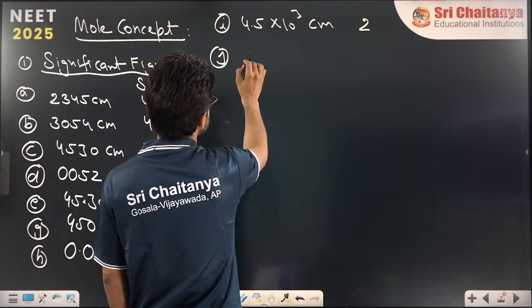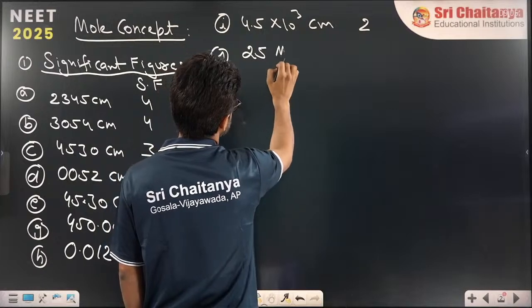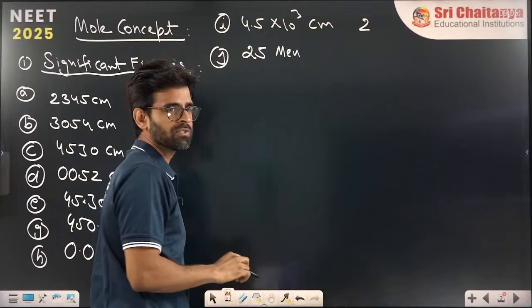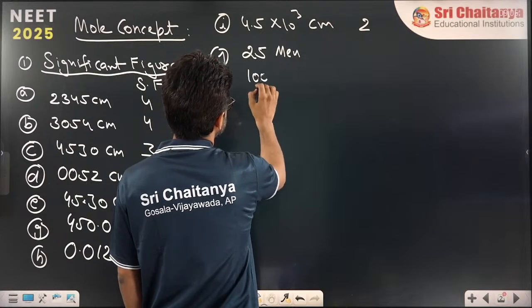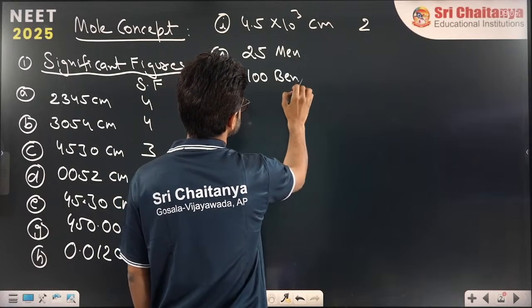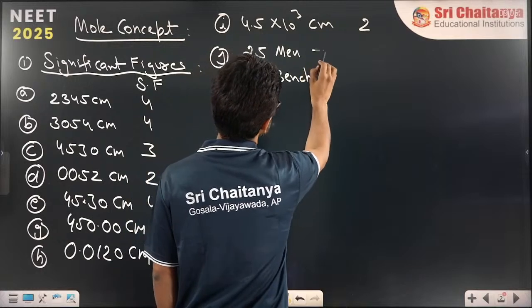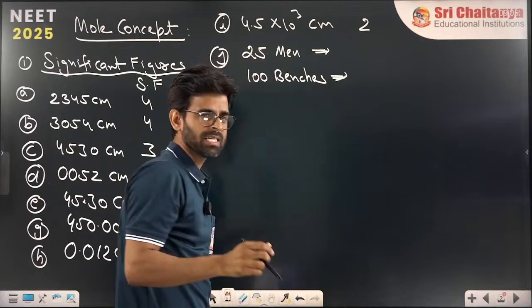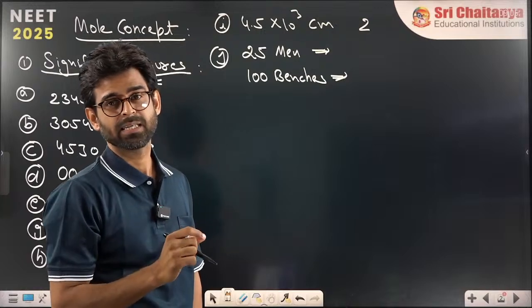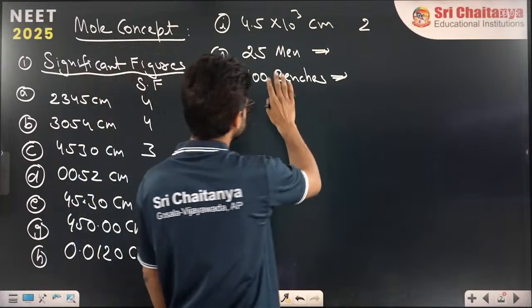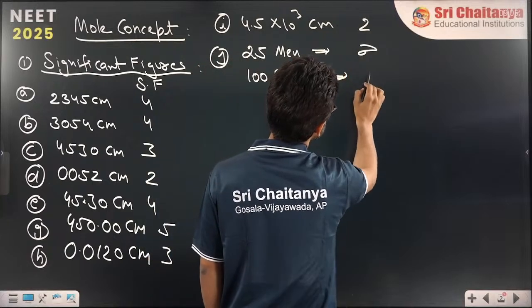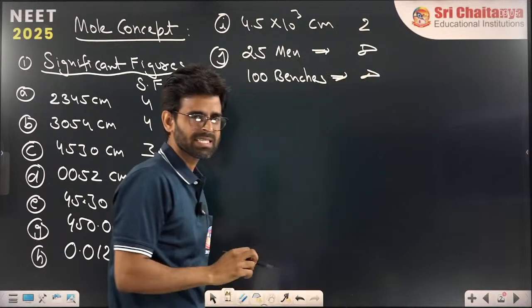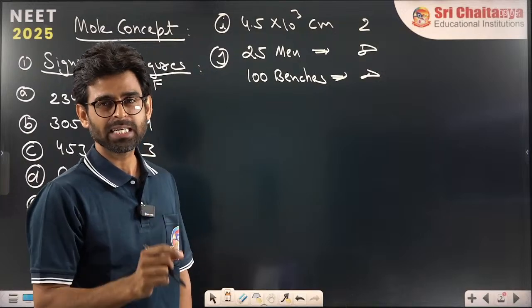Next, if they give some counted object, like 25 men or 100 benches, in such cases when we are discussing a specific object, the number is exact, and it contains infinite significant figures.